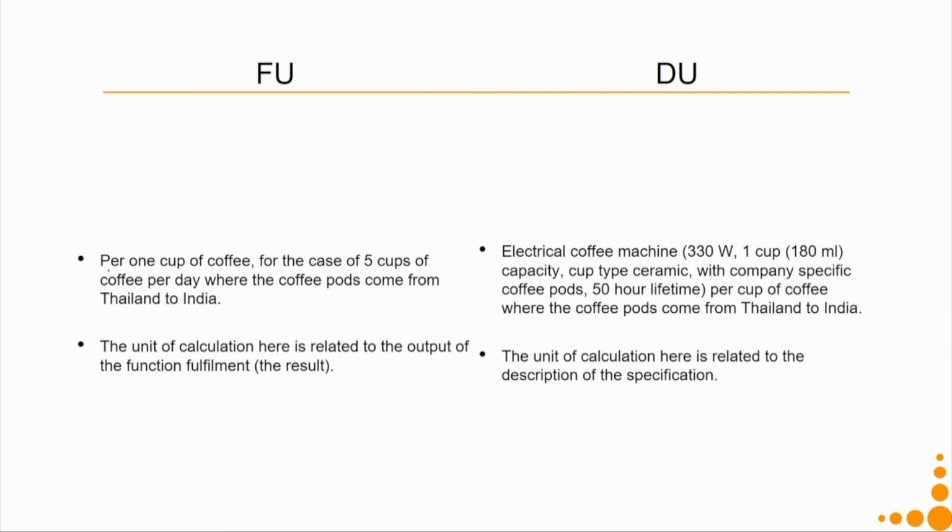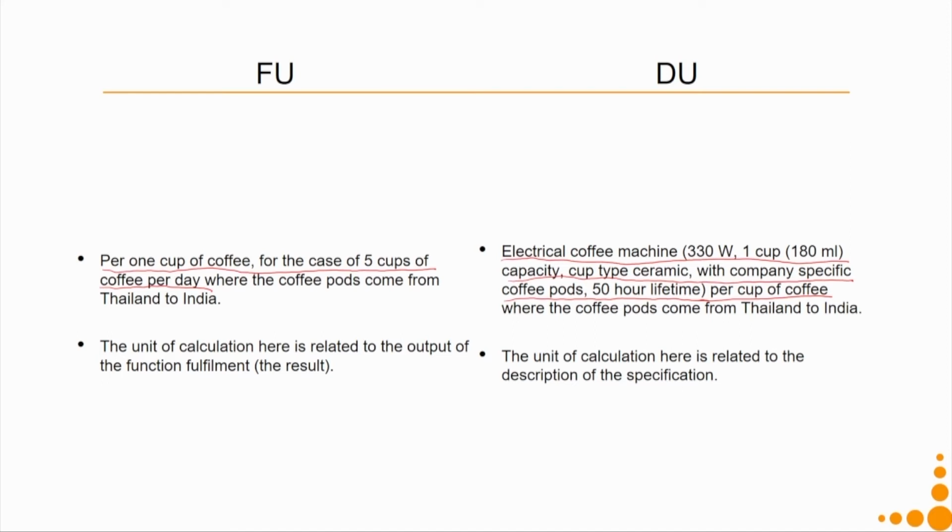So if you compare, it is per cup of coffee for the case of 5 coffees per day, and here I am giving the specification: electrical coffee machine with 330 watt, 1 cup, which is 180 ml capacity, cup type ceramic with company specific coffee pods, 50-hour lifetime per cup of coffee. So specification followed by the unit, and then the main scenario, which is optional.